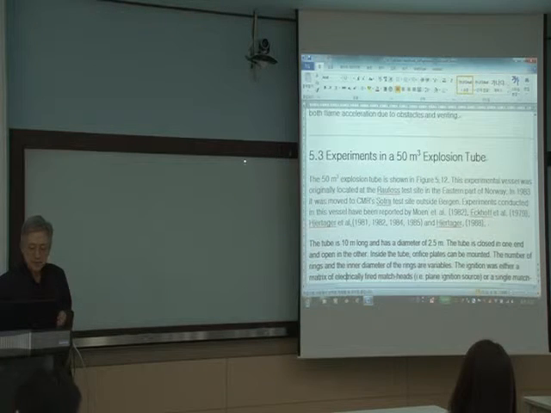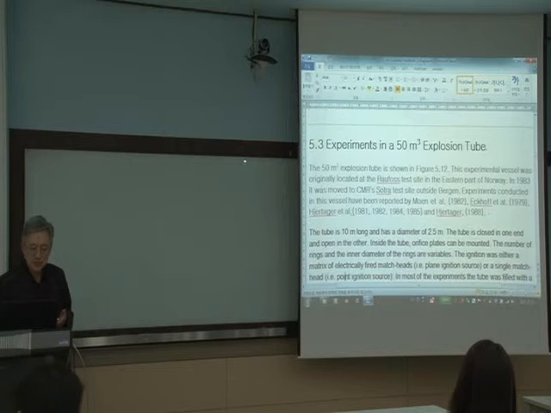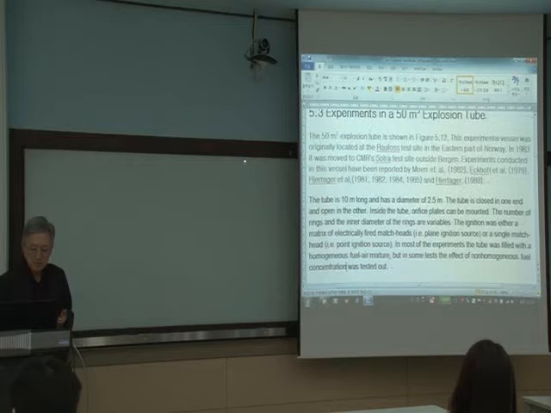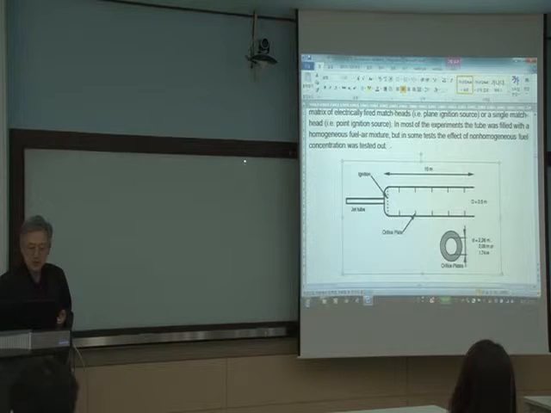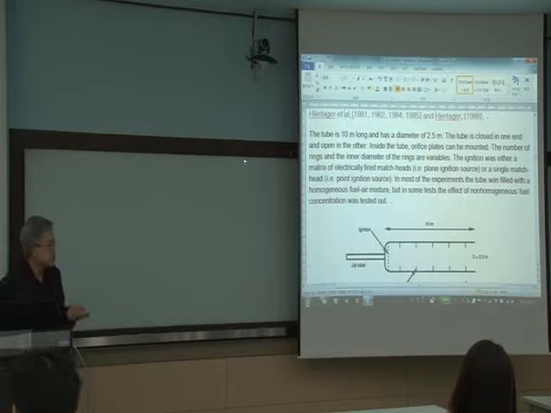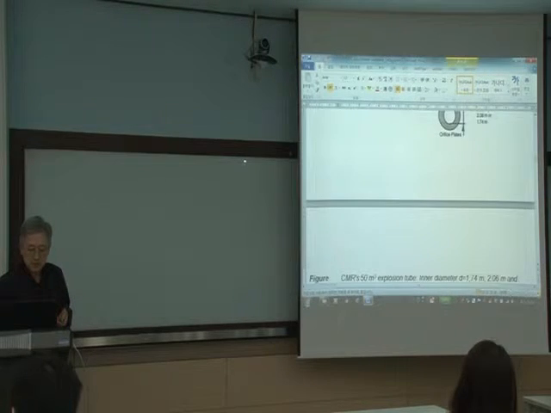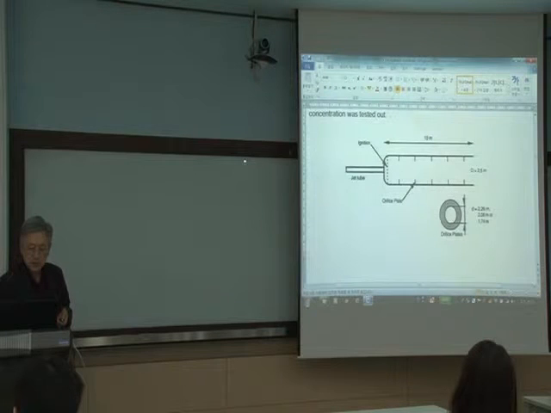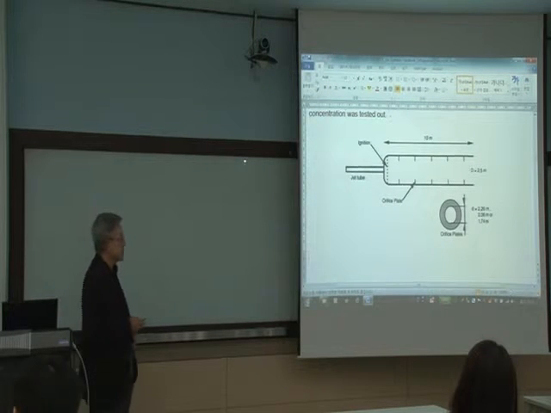Each section gives a description of the experiment and provides a decent description of the setup, shown from here to here. As you look at the description, you can look through this figure together.